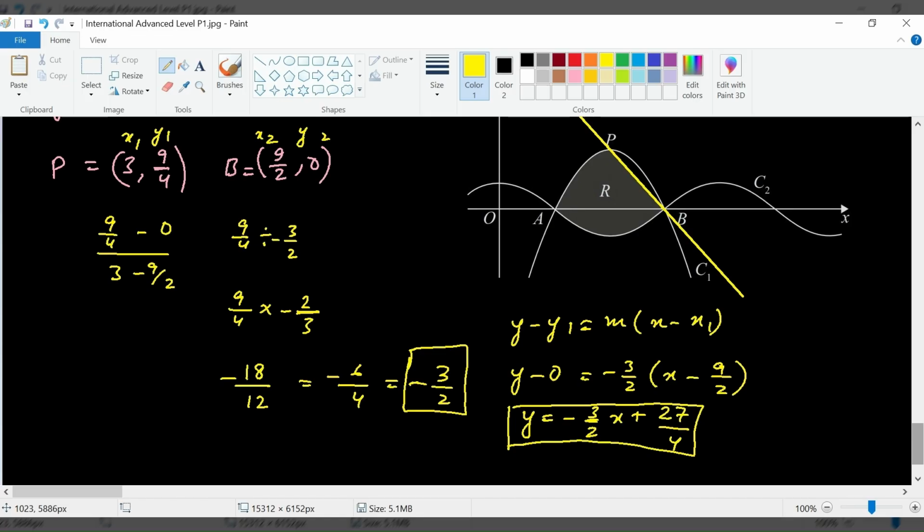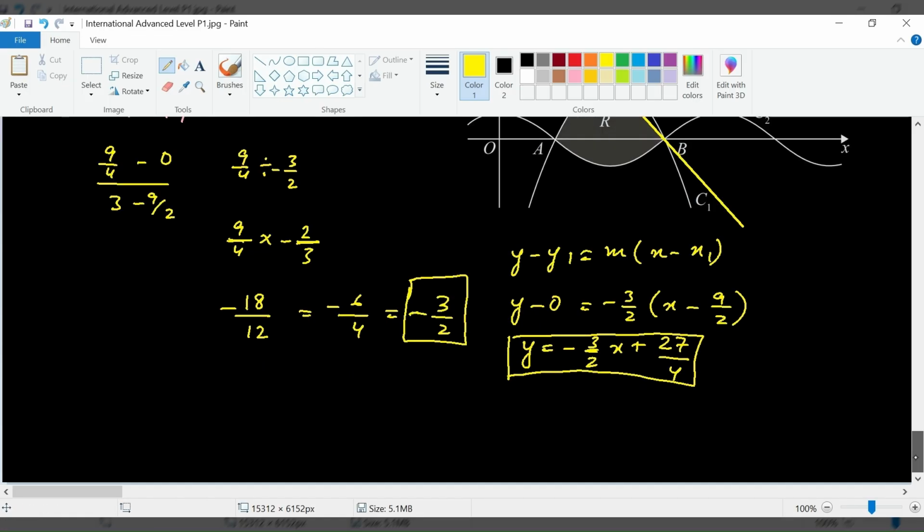Now, there are three different things happening together. First of all, we have the first equation, y equals 6x minus 27 over 4 minus x squared.